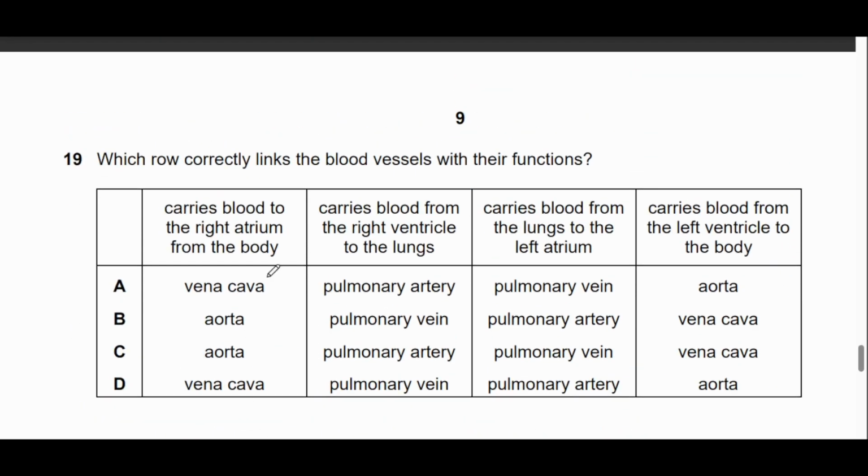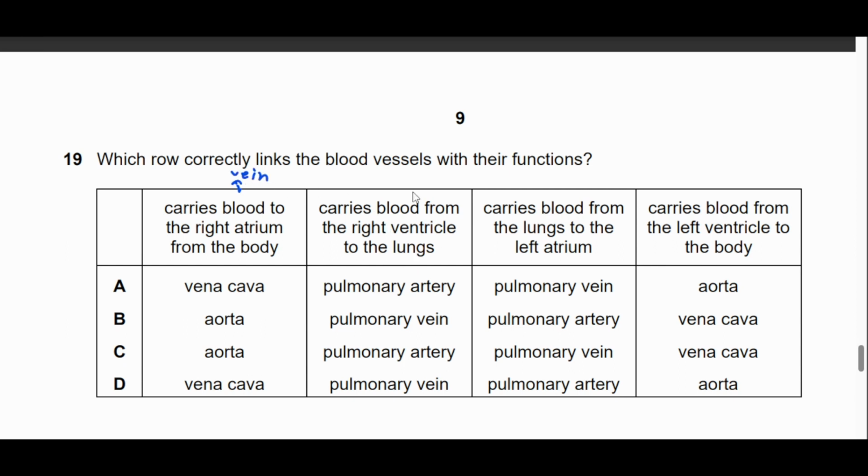Which row correctly links the blood vessels with their functions? Carries blood to the right atrium of the heart from the body, carries blood from the right ventricle to the lungs, carries blood from the lungs to the left atrium. Okay, so carrying blood to the heart from the body has to be a vein.